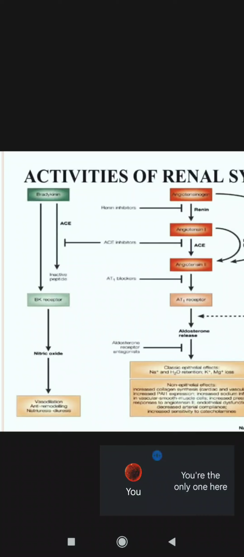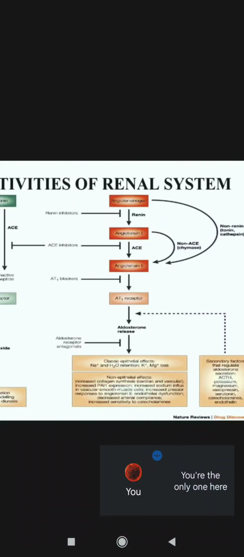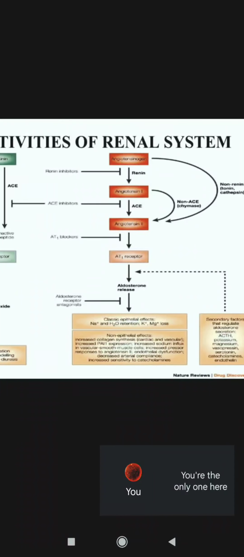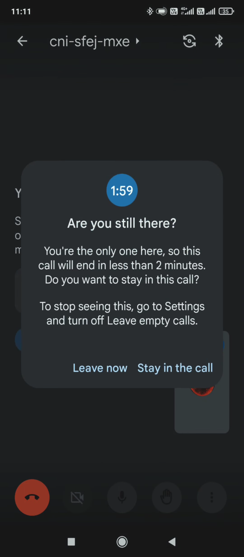The nitric oxide is involved in vasodilation and anti-hemolytic natriuretic diuretics. First, we include the angiotensin. Angiotensin converting enzyme converts angiotensin first, and ACE inhibitors work on angiotensin second, which activates the AT1 receptor and aldosterone release.